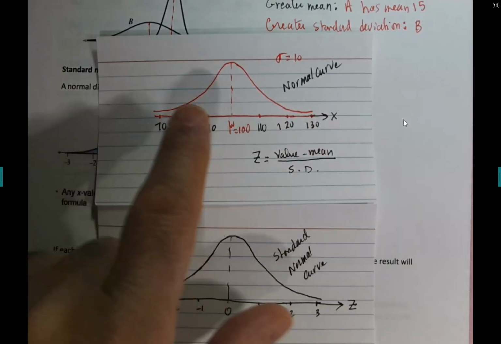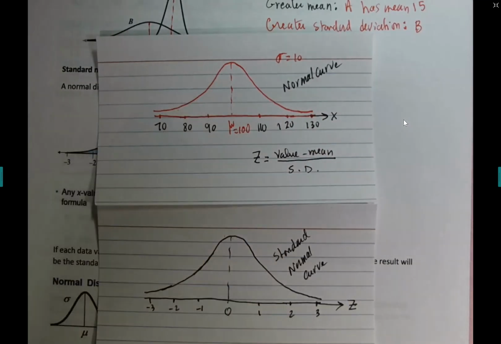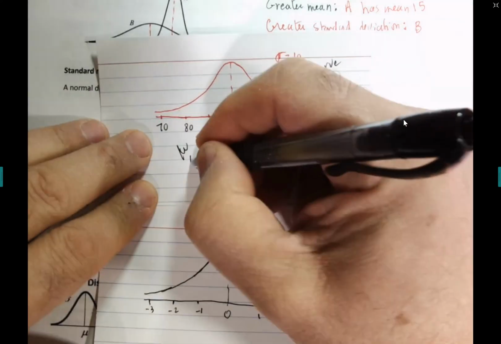So if you are asked the question, what is the difference between the normal curve and the standard normal curve? You say the following. The normal curve has a mean and a standard deviation. The standard normal curve has a mean of 0 and a standard deviation of 1. So here we have a mean and a standard deviation.